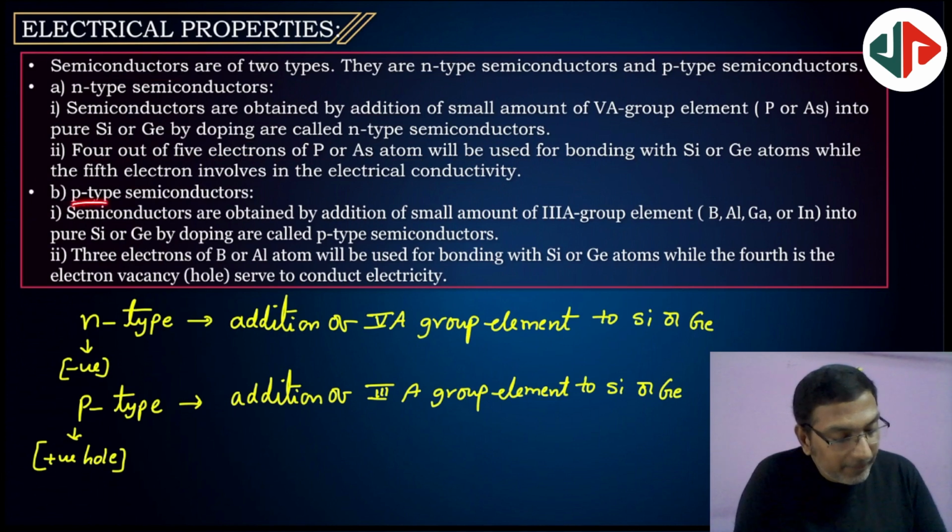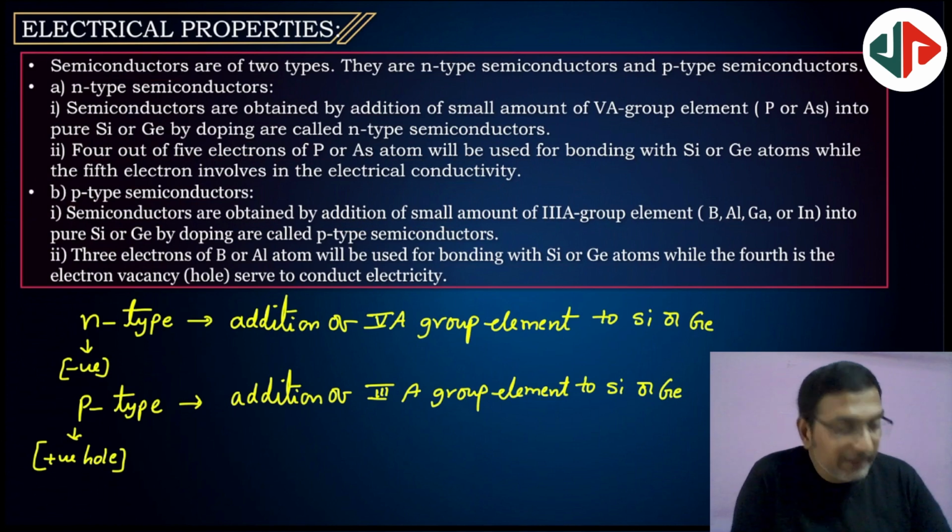Next, P type. The semiconductors are obtained by addition of third A group elements, boron, aluminum, gallium, indium, into pure silicon or germanium. 3 electrons of boron or aluminum are used for bonding, while the fourth is a hole, which is responsible for conductance. The fourth valency is vacant. Therefore, that is known as a hole, a positive hole.